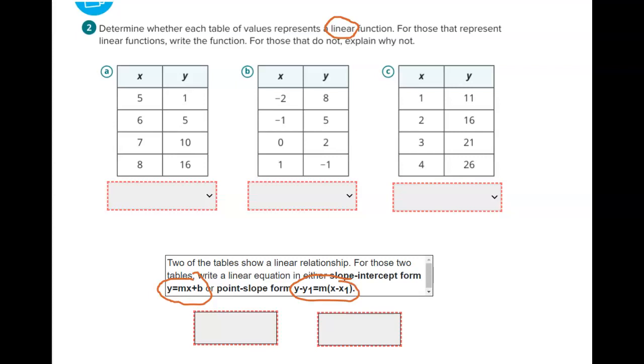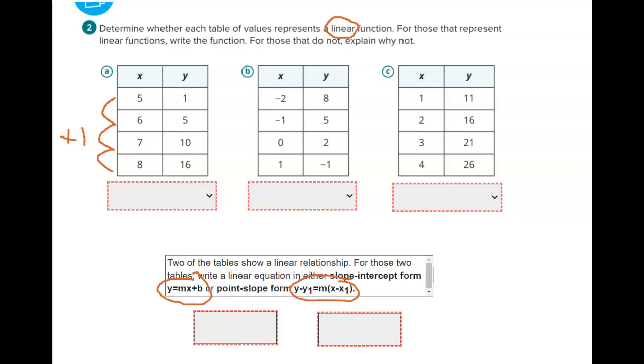All right. So first things first, let's just look at this one. So looking here on the left-hand column of inputs, I see from 5 to 6 plus 1, 6 to 7 is plus 1, 7 to 8. These are all adding 1 to get from one term to the next.